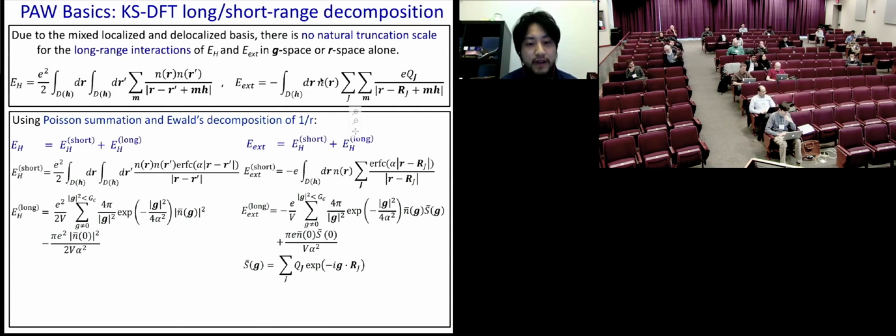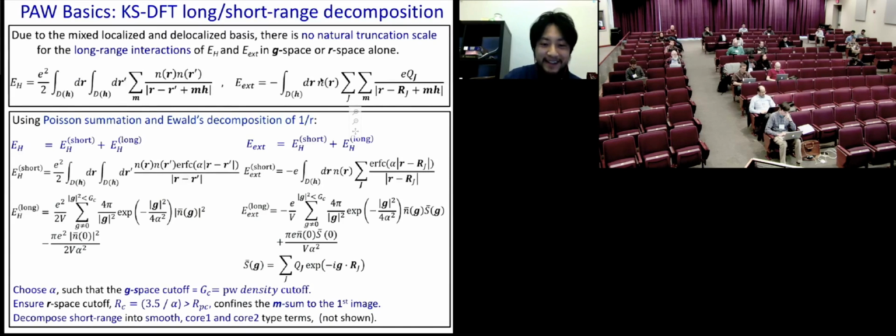The erf function, which has a long tail, we just solve in G space by using Poisson summation. The short-range term, which is truncated by this erfc function, we just solve in real space. That's the plan of attack.